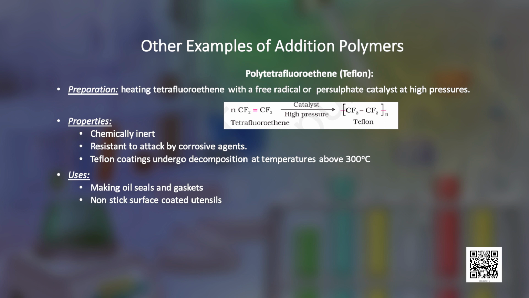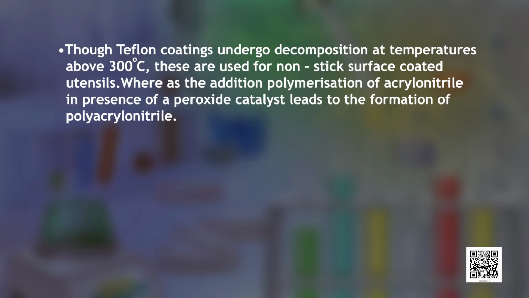oil seals and gaskets. Though Teflon coatings undergo decomposition at temperatures above 300 degree centigrade, these are quite frequently used for non-stick surface coated utensils, whereas the addition polymerization of acrylonitrile in the presence of a peroxide catalyst leads to the formation of polyacrylonitrile.